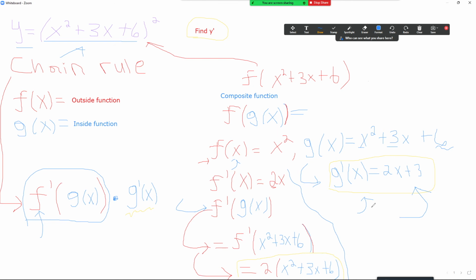Once you find this, you multiply both pieces together, and that gives you the derivative of your function. If you're asked, because they can say find y prime, or differentiate the function, they won't say to use chain rule. This is just something you get into a habit of as you practice more examples, saying, well, I do have an outside and inside function.